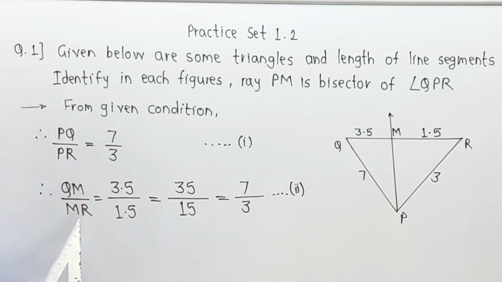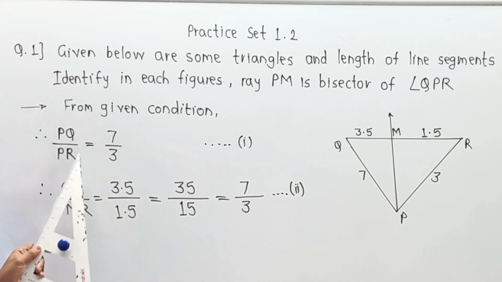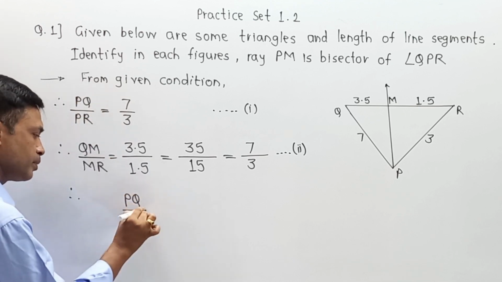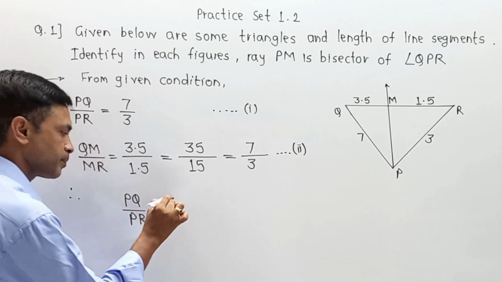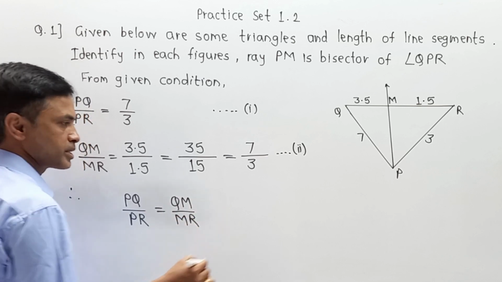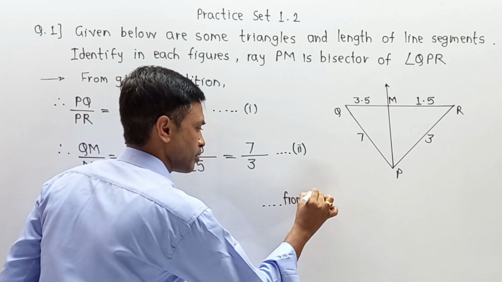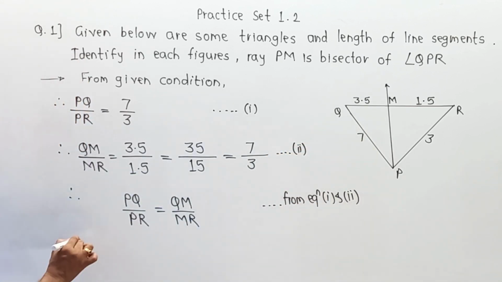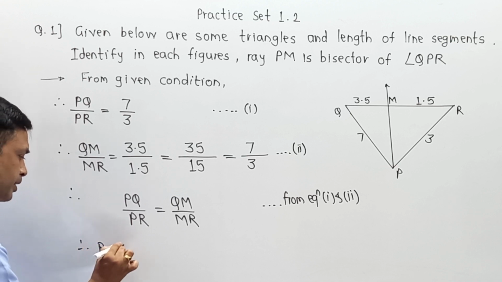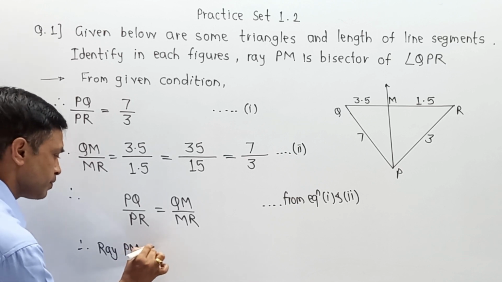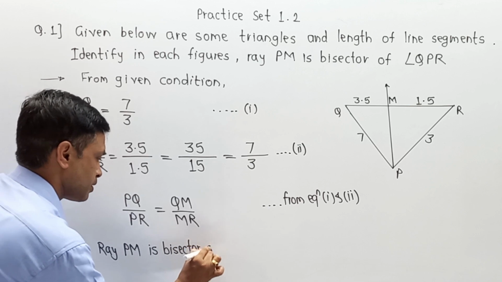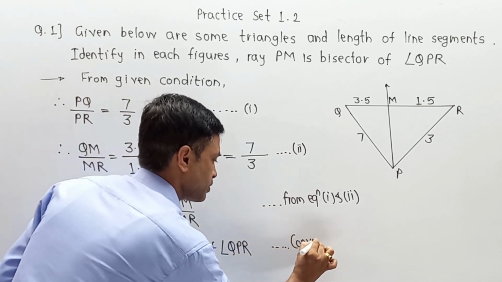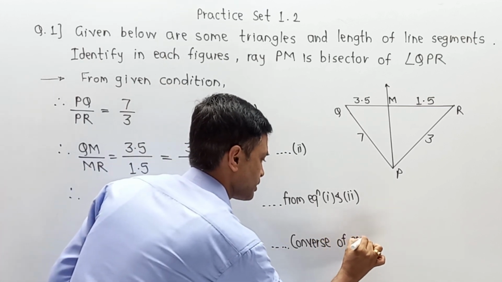Equation 2 is also 7 by 3, that is nothing but QM upon MR. Means from 1 and 2 I can say that PQ upon PR is equal to QM upon MR. Therefore PQ upon PR is equal to QM upon MR, and in the reason I will write from equation 1 and 2. Therefore ray PM is the angle bisector. Therefore ray PM is bisector of angle QPR, and in the reason I will write converse of angle bisector theorem.